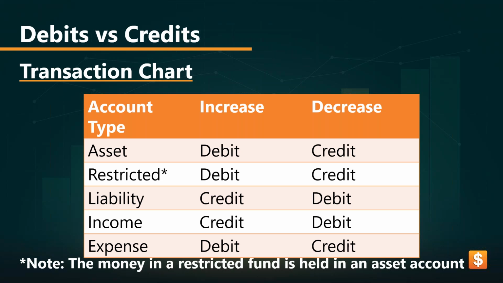So in looking at the account types, you'll notice that on the left-hand side there are assets, restricted funds, liabilities, income accounts, and expense accounts. And you'll notice that the debits and credits are different when you're going between the different account types. Maybe one of the first things you notice is that a credit decreases an asset.